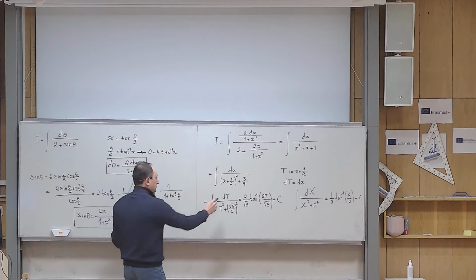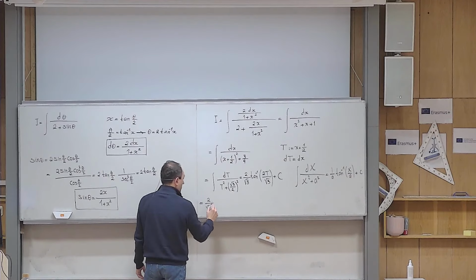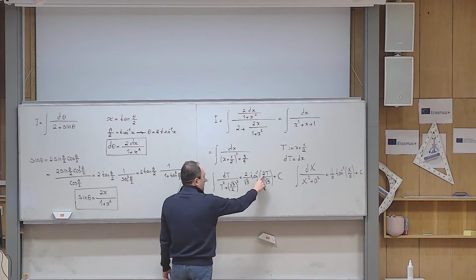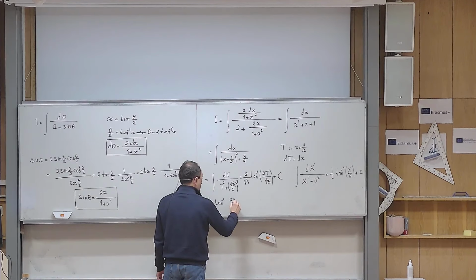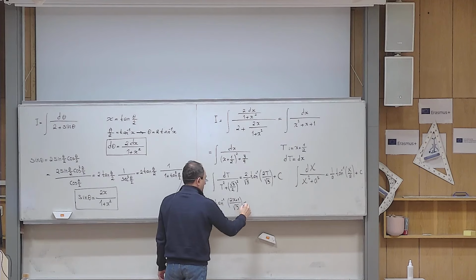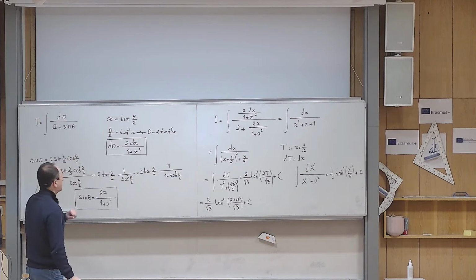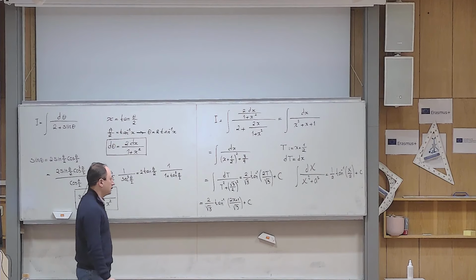So what I will do, I will write 2 over square root of 3 tangent inverse. I multiply T by 2, so this becomes 2x plus 1. Let me do it in 2 steps. And then plus a constant c. But this is not enough because I have to switch back to my original variable. So I have to replace x with tangent theta over 2.